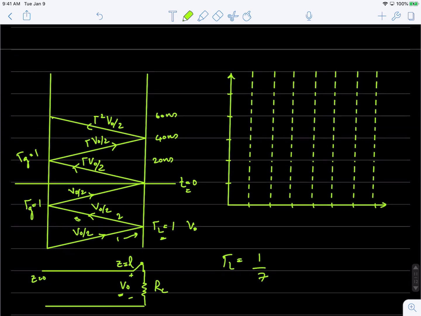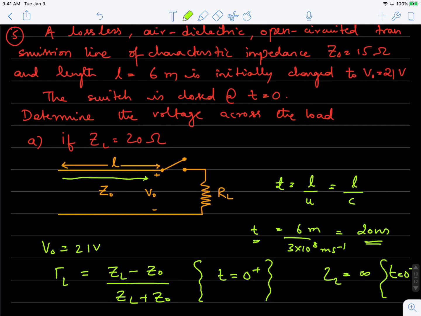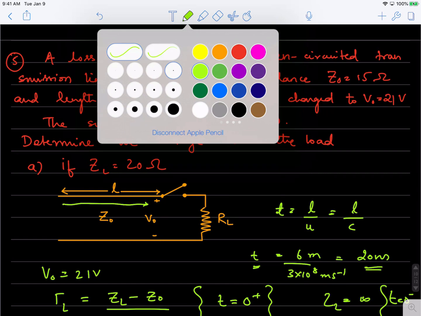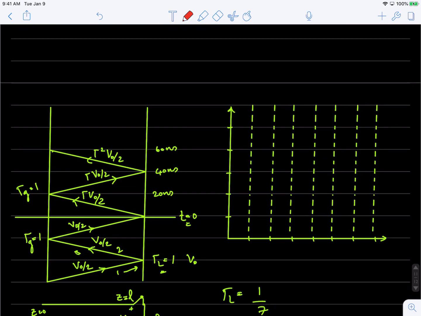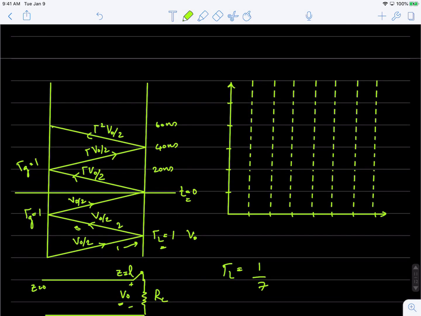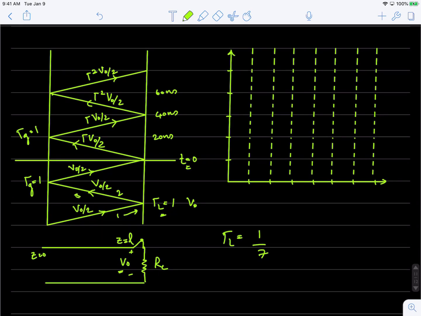Okay, we are required to find what happens to the voltage across the load between 0 and t less than 60 nanoseconds. Okay, so we have done that. We will have to just find out what is happening at this point. Okay, so then the same voltage will get reflected back here. Okay, so 20, 40, 60.